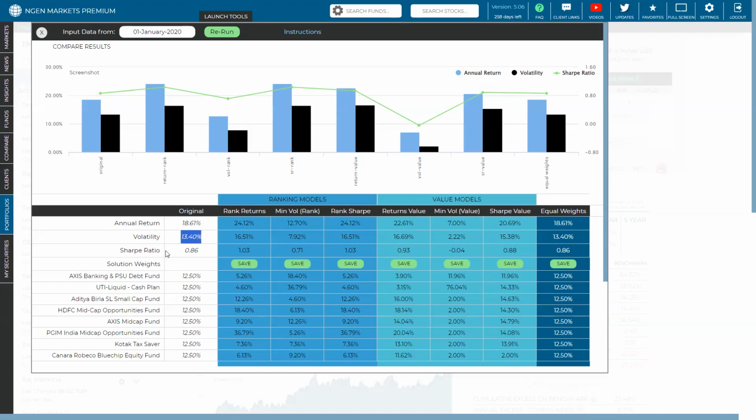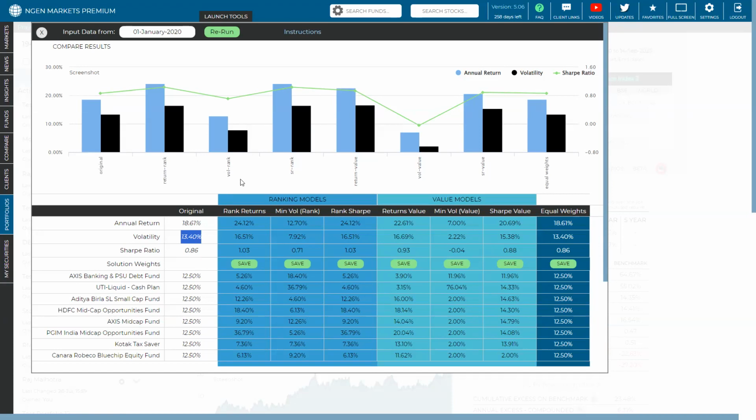And the Sharpe ratio of the portfolio, that is to say the risk-adjusted returns, meaning the returns that the portfolio generates per unit of risk that it takes, is 0.86. Typically, the higher the Sharpe ratio, the better it is for the portfolio, right? So higher risk-adjusted returns, the better. As of now, it's not very bad. It's 0.86. That's the current Sharpe ratio.